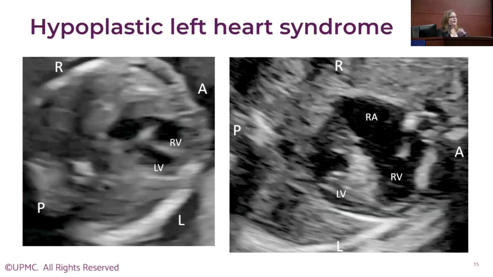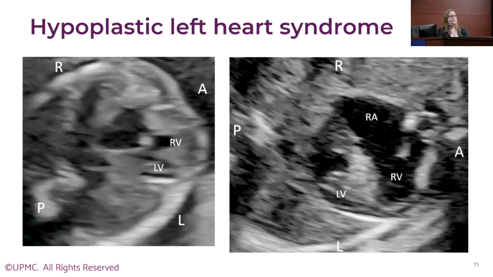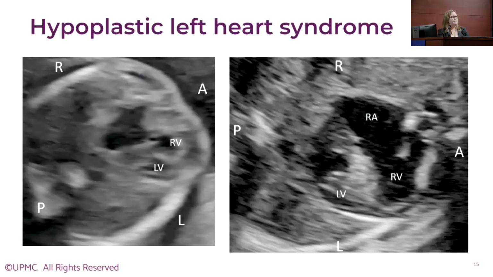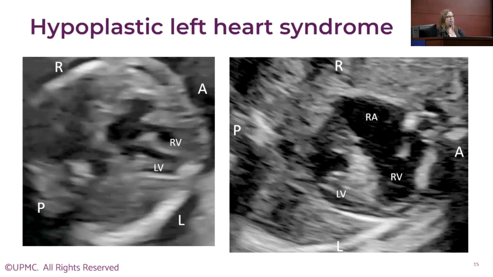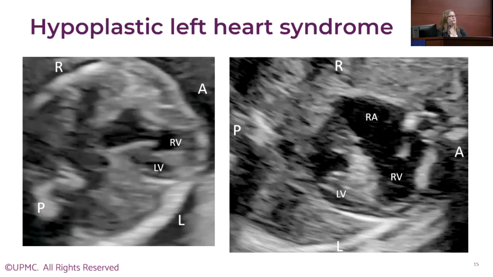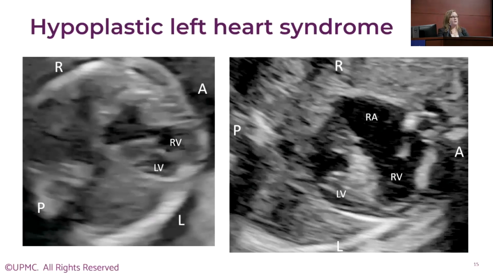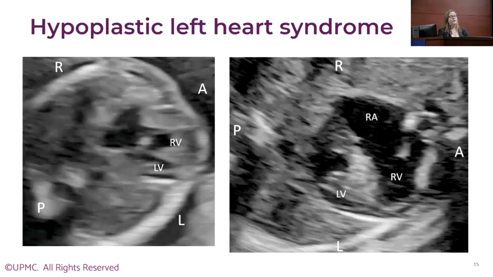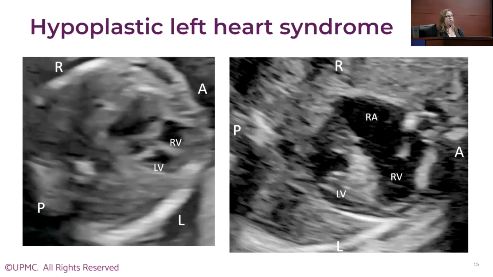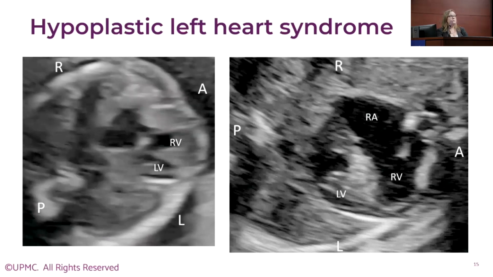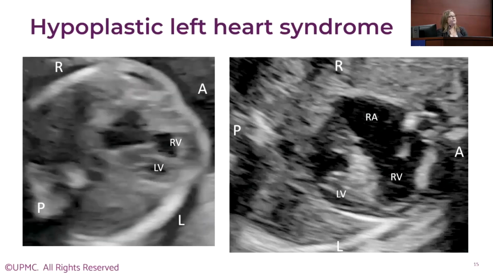However, as others have discussed, in some cases, the left ventricular hypoplasia may be less significant or less severe. In this example on the left, this represented a fetus with a hypoplastic, stenotic mitral valve and aortic valve, and the left ventricle is recognizable, although notably smaller than the right ventricle, even at mid-gestation.